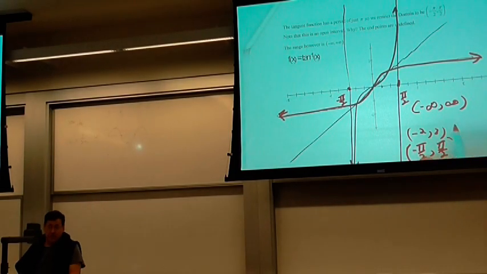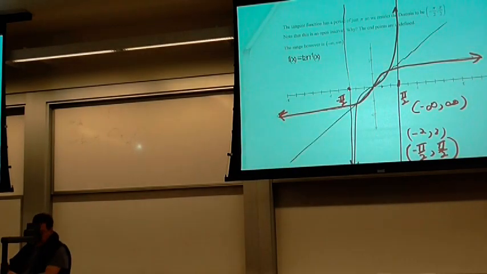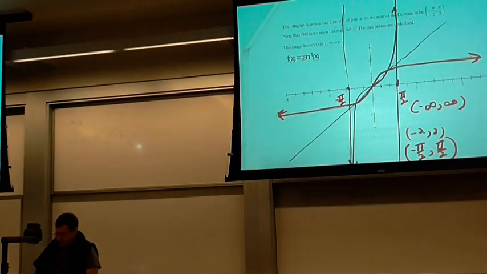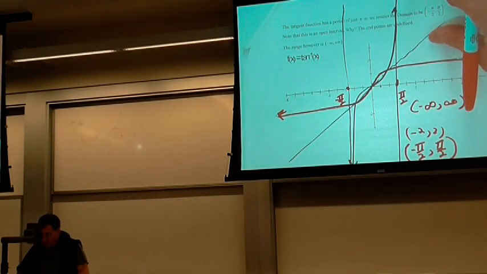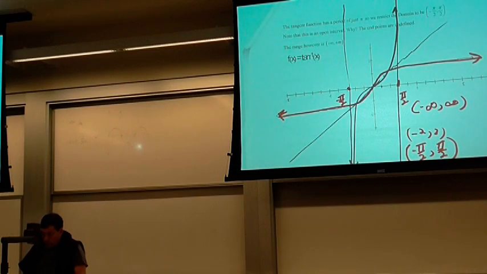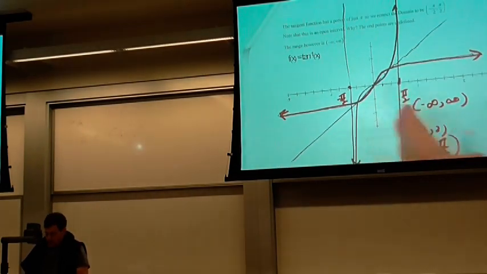It never reaches minus pi over 2. If you plug in a bigger and bigger number, you'll get closer and closer to pi over 2. Smaller and smaller numbers, you'll get closer and closer to minus pi over 2. Okay, that's the inverse tangent function, the way we create it by truncating the domain.